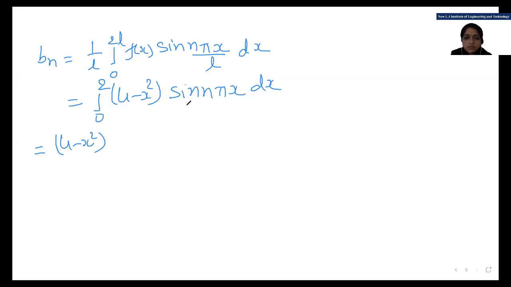Nirmal, integration of sine n pi x is? Minus cos n pi x upon n pi. Very good. Minus cos n pi x upon n pi. Okay. Minus. What is the next step? Anyone else? What is the next step?